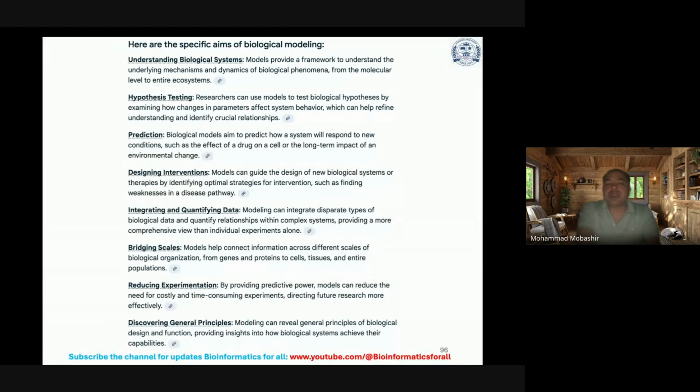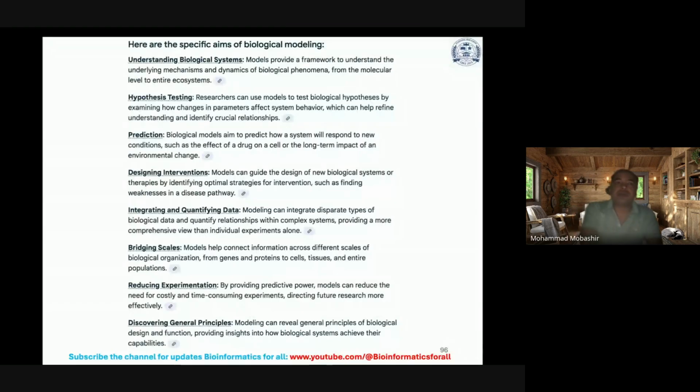One more thing which has not been mentioned here is also to minimize the time required. When I'm saying reducing experimentation, that means we are saving more and more time and money.